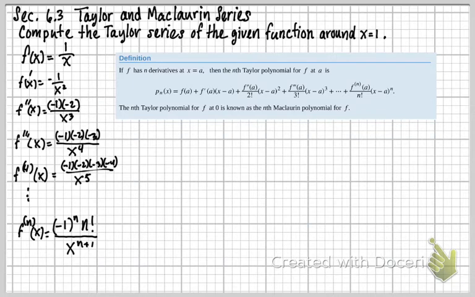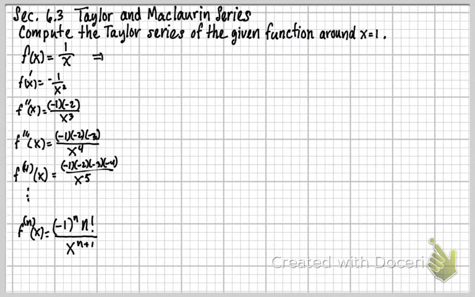So now, all we're looking at here are the top pieces of each of these, all the derivatives. So we need to find fn of a. For the first one, f of a, which is 1 here because we're around a equals 1, that's going to be 1 over 1, which is 1. F prime of 1 is going to equal negative 1.